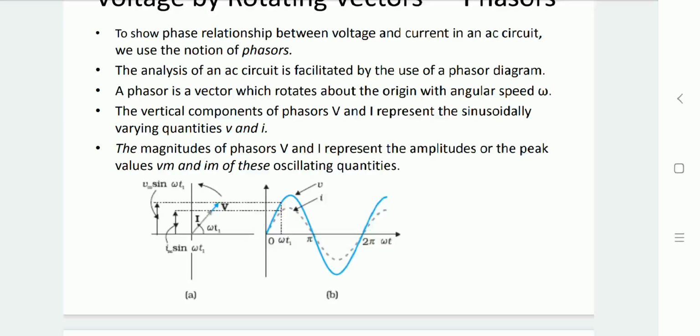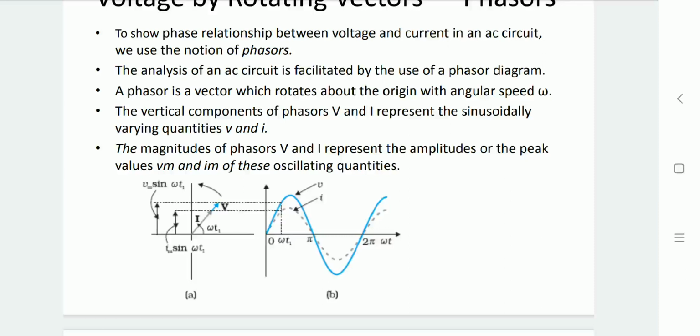Both have only amplitude variation. In other words, frequency and phase are the same. As we know, the current amplitude is reduced by R compared to the voltage, so the voltage amplitude is shown higher than the current amplitude.